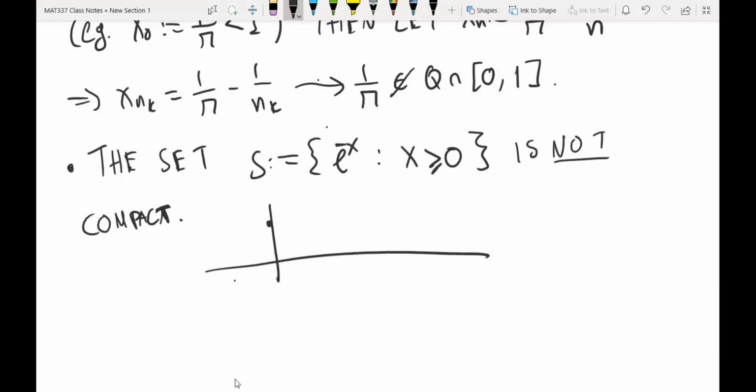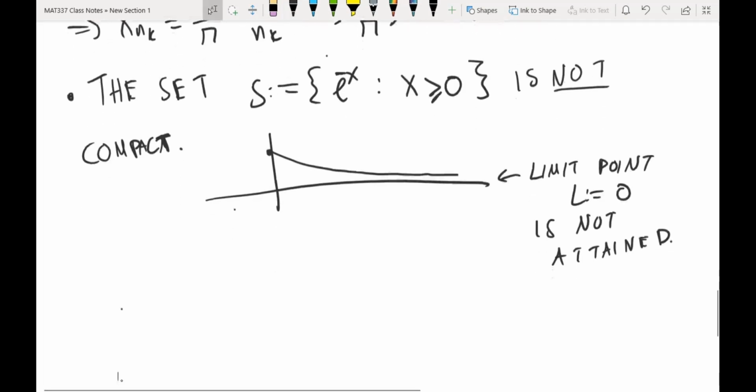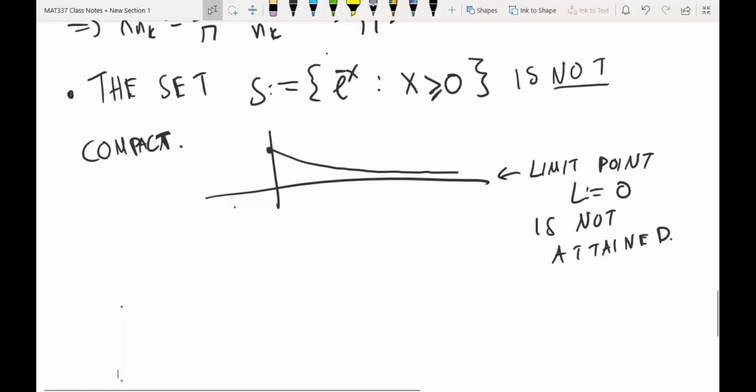Because at 0 you're at 1, fine, you even attain it, but clearly you do not attain the limit point L equal to 0. So let's try to figure out a sequence. You can just take x_n to be e^(-n).